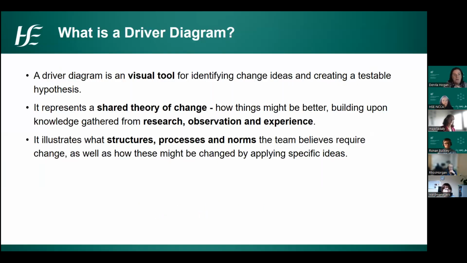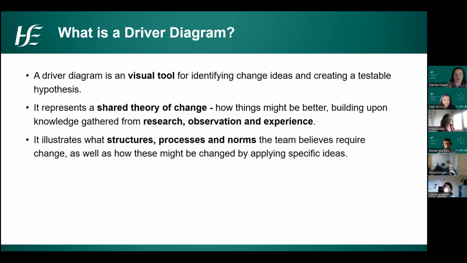And then I know some of you may have heard about driver diagrams. So just very briefly, it's a visual tool for identifying change ideas and creating a testable hypothesis. So it really allows you to get down into what your change ideas are. And it allows you to represent the shared theory of change. So it looks at how things might be better, building upon knowledge gathered from research, observation, and experience.